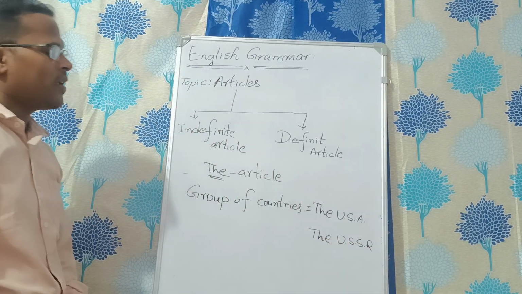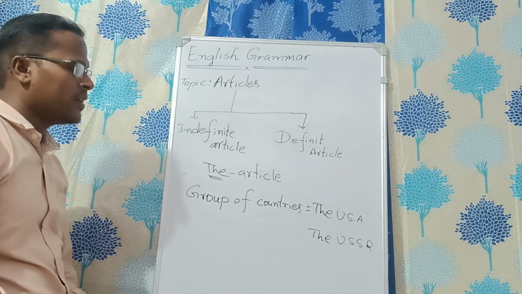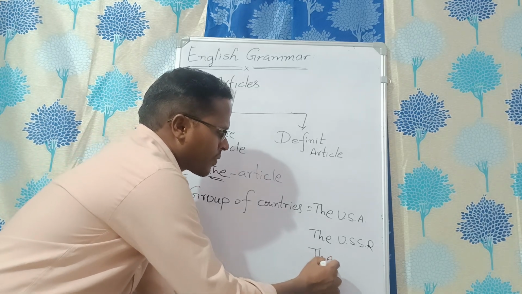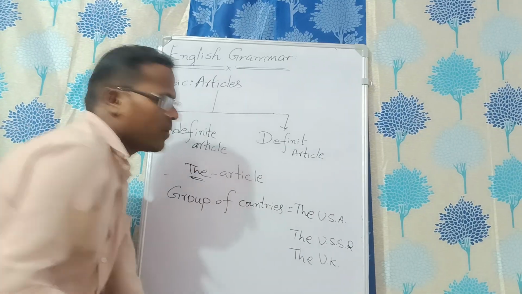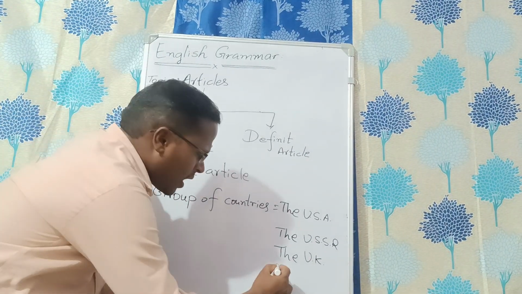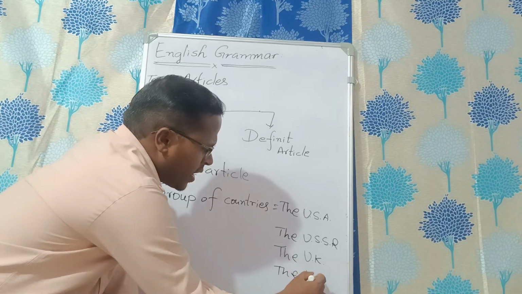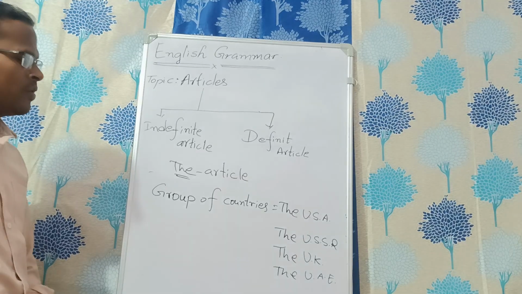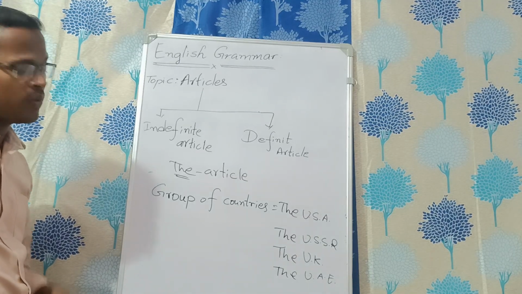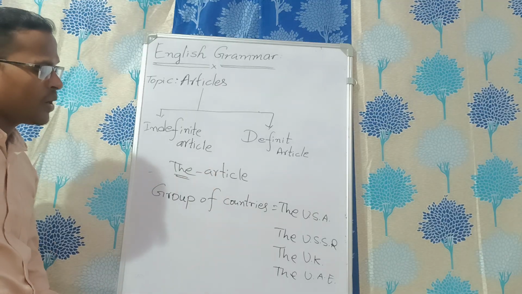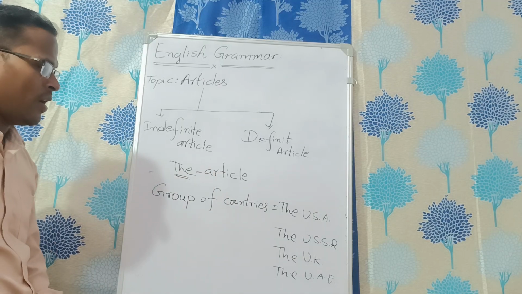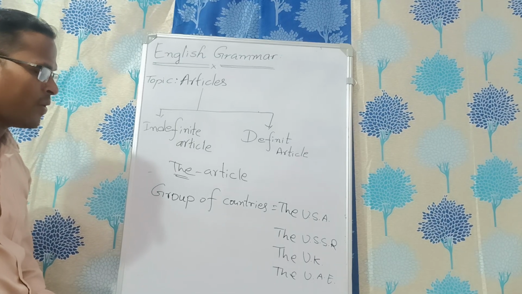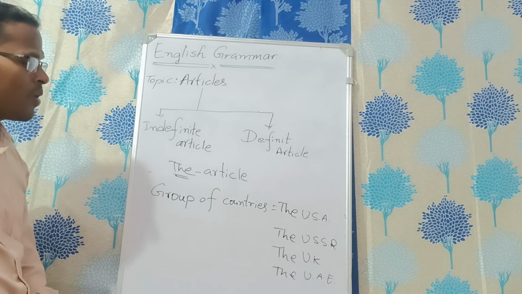In Russia, there are some countries, they are called USSR. And the UK, United Kingdom, and the UAE. You might have heard this word also. So these are a group of countries. USA, USSR, UK, UAE.